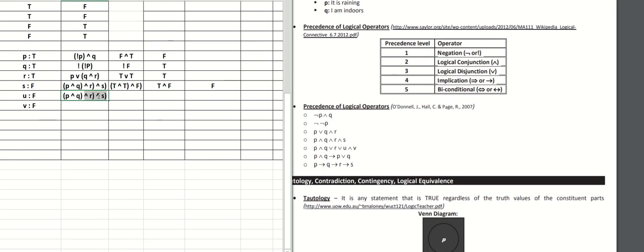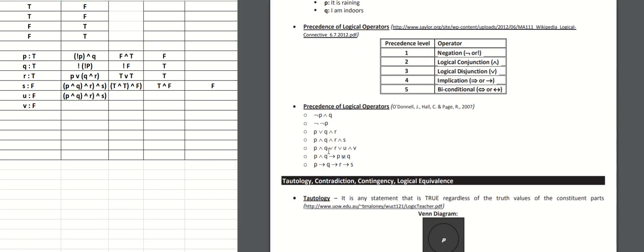And we copy the OR R, and then another OR operator, because we have to put parentheses for this AND operator here.